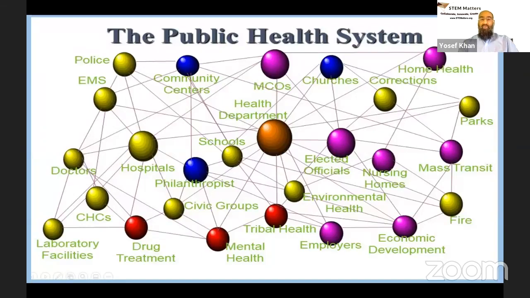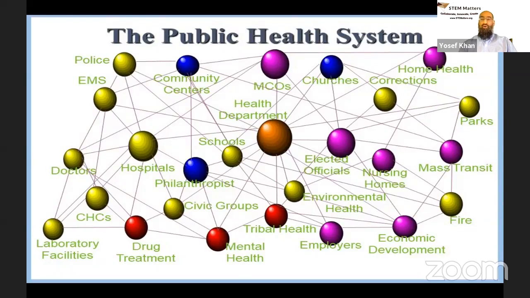And so when we think about the actual public health system, these are just a few of the entities that work in the public health system. And if you look at this slide, you'll realize that it is a very complex and very busy slide. There are individuals in hospitals who are working in public health. There are elected officials.